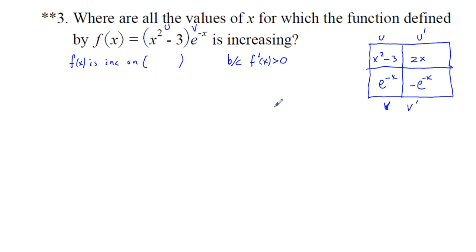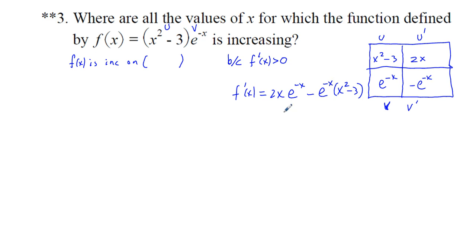So we will say f prime of x is going to be equal to, we'll say 2x times e to the negative x power, and that's going to be plus, but we are subtracting here because we have minus e, so say minus e to the negative x times quantity x squared minus 3.